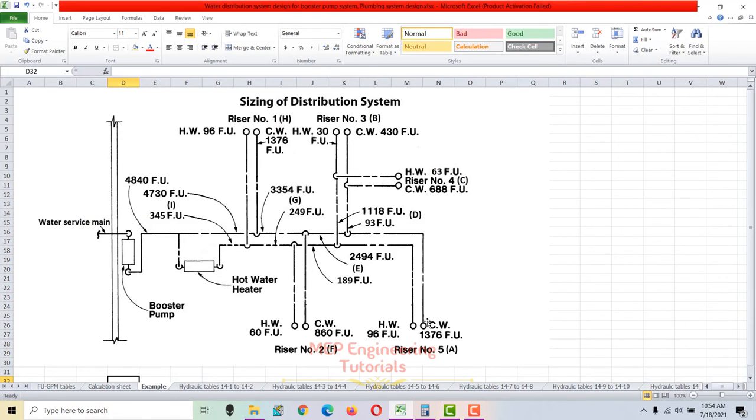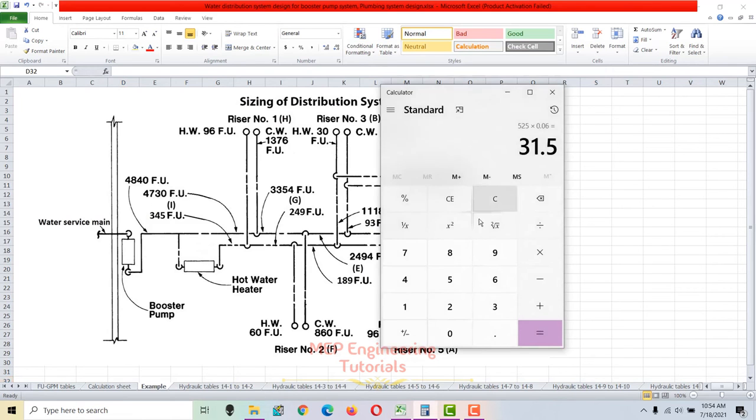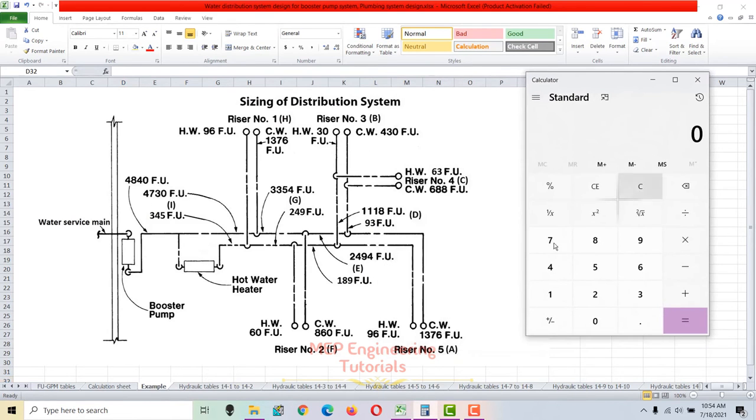So if you sum up the water supply fixture units up till this point, let's check the cold water fixture units. This riser 5 or section A is 1376 plus we have 688 here and 430 cold water fixture units here, that is 2494 at this point.